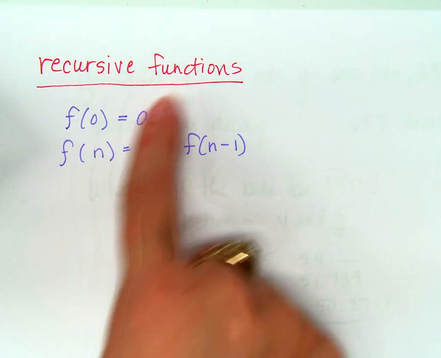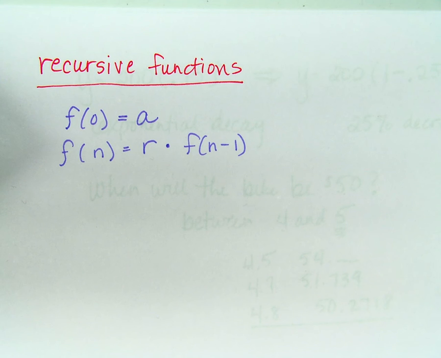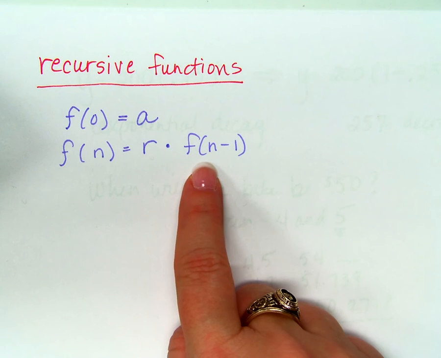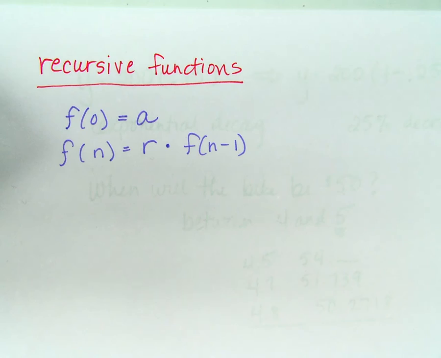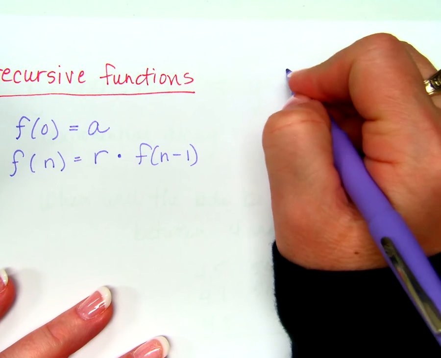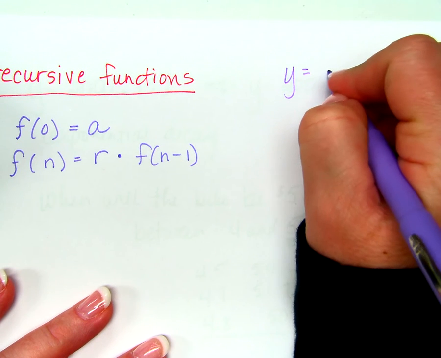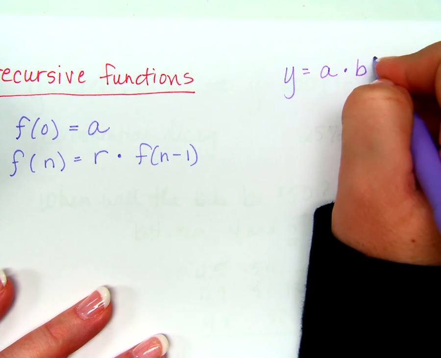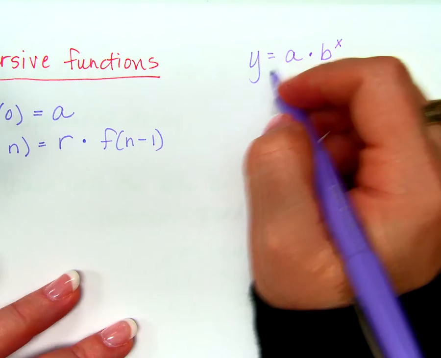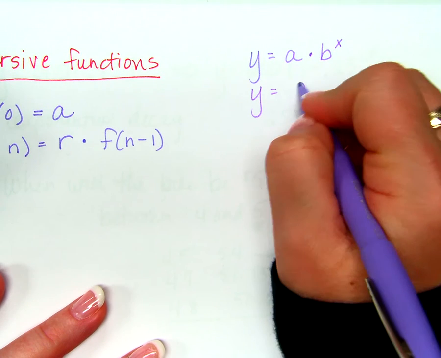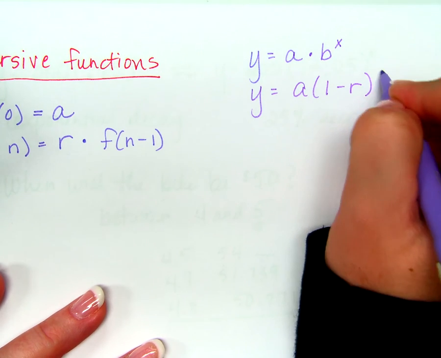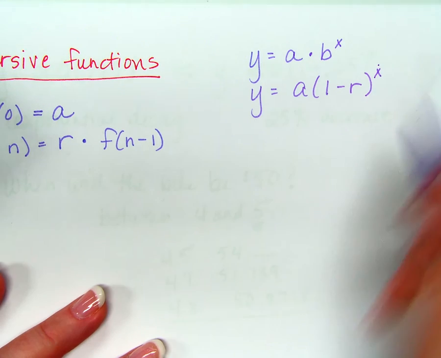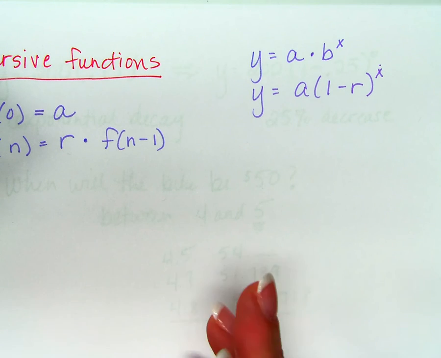So recursive functions are a way to list all of the values of the function as long as you know the term before it. Now, I know that when I give you an equation like the one we've been working with, right? A times b to the x power, or like we talked about the other day, a times 1 minus r to the x power, or to the t power, I think is what we used then, but x is fine.